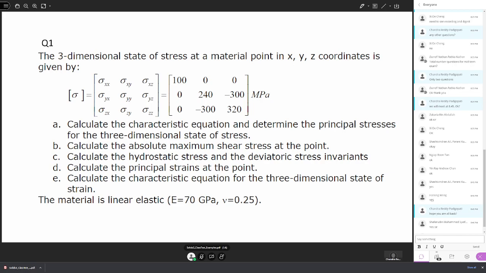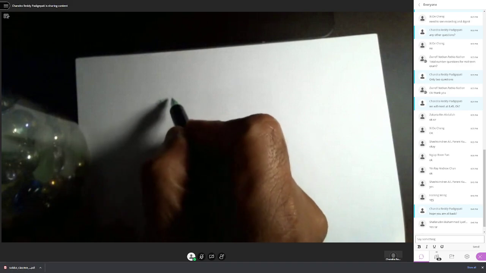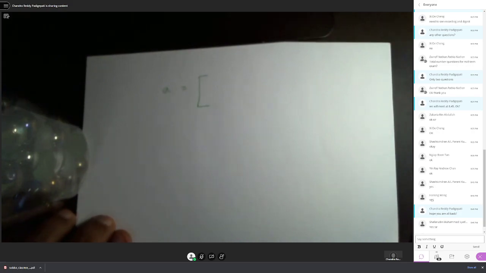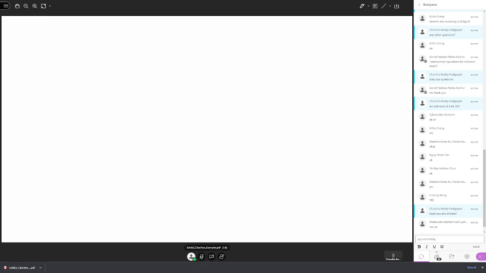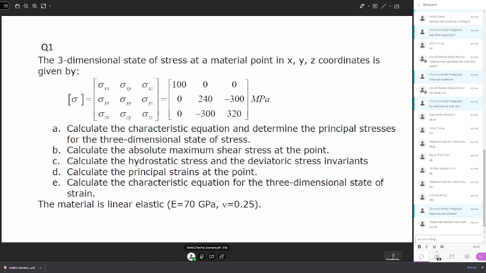I think I'll use the screen. Let me note down the stress tensor. All of you please note it down.